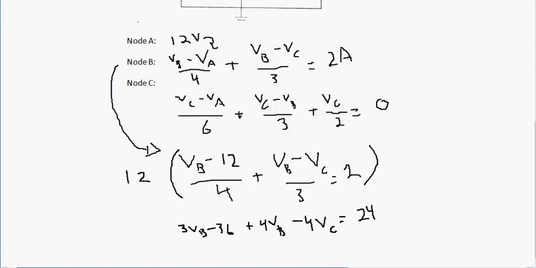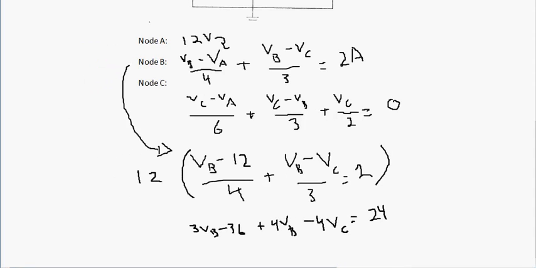Now let's simplify this. 3 VB plus 4 VB is 7 VB, minus 4 VC, minus 36 equals 24.